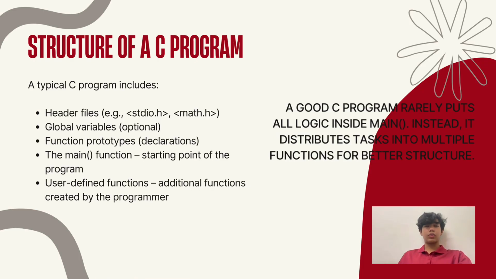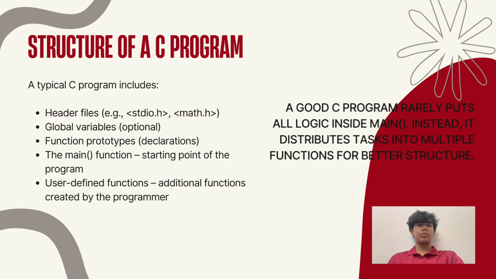Okay, now I'm going to explain the structure of a C program. A typical C program consists of several important components. First, header files such as stdio.h and math.h are included to provide built-in functions and definitions. Next, global variables may be declared if they need to be accessed by multiple functions.